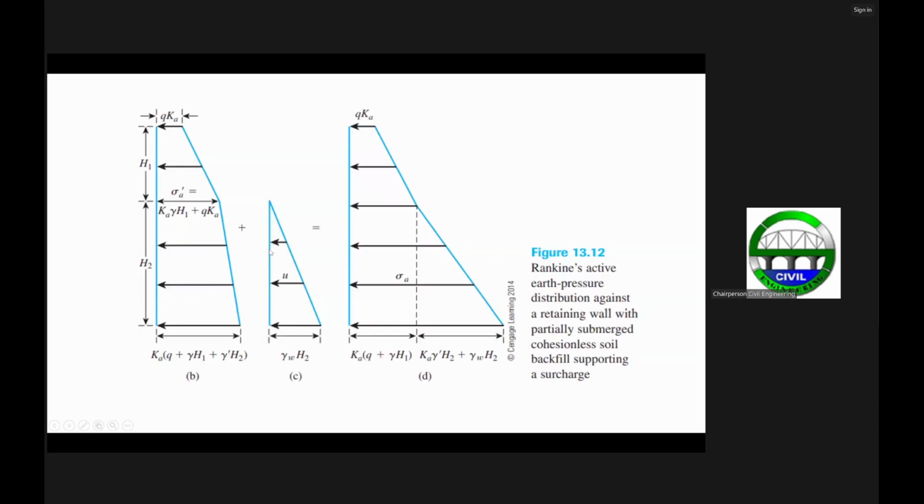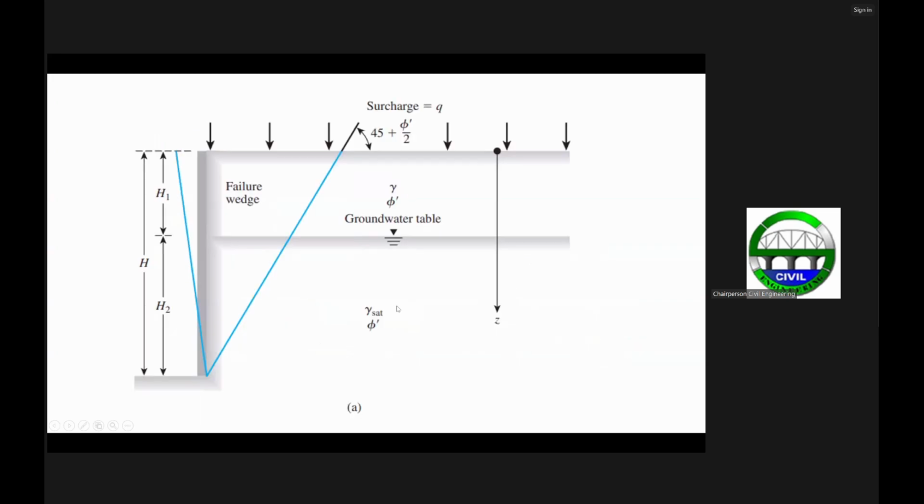So there, the pressure will now be equal to this one, plus the additional effective stress, equal to K sub A times the effective unit weight times H sub 2, this one here. Where the effective unit weight is equal to the saturated unit weight minus the unit weight of water.